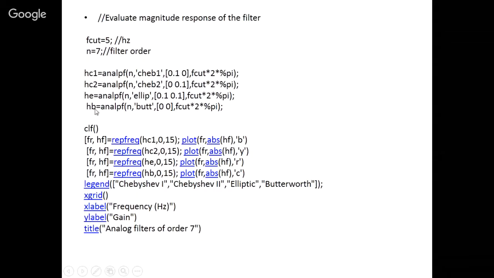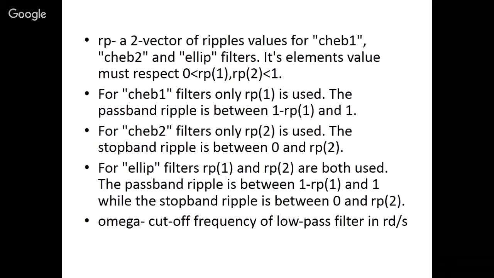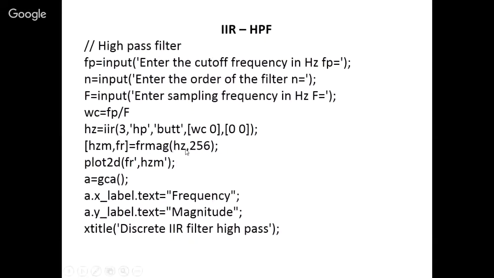So here we are getting all the filter coefficients of the analog filter. After that, we have given it to the frequency response. One frequency response we have done earlier, that is FR MAG. Now there is a different command.